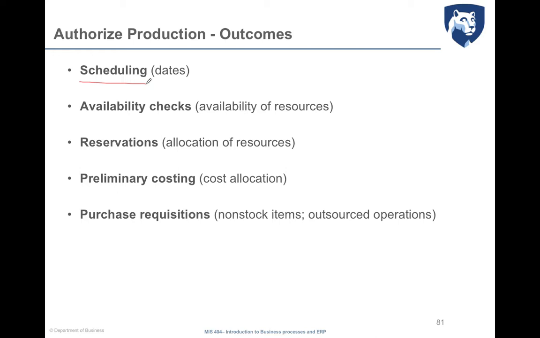Then, in addition, the system performs the availability check, the same concept that we saw in fulfillment. The system checks if there are available and sufficient resources like components, tools, capacity, which are needed to execute the production order under evaluation.